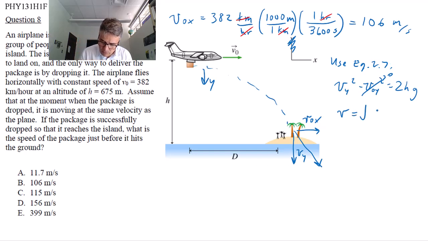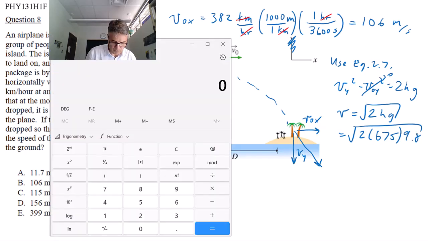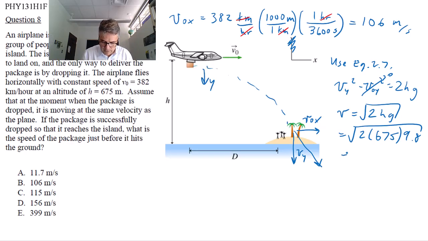So it's just going to be the square root of 2 times h times g, the square root of 2 times 675 meters times 9.8. That's 115 meters per second, and that's vy.